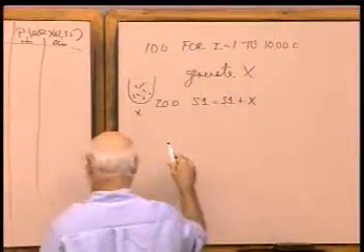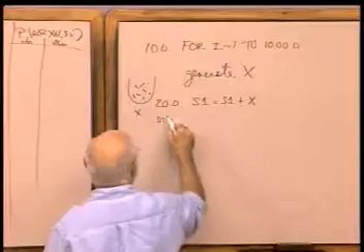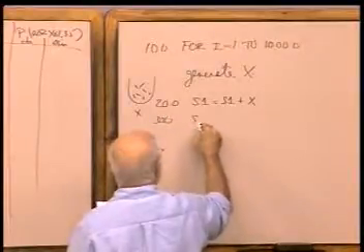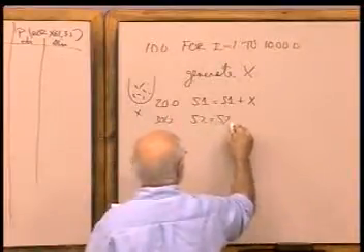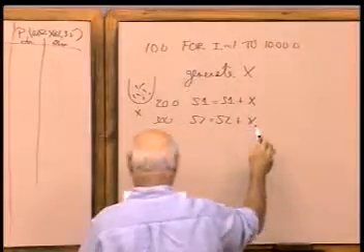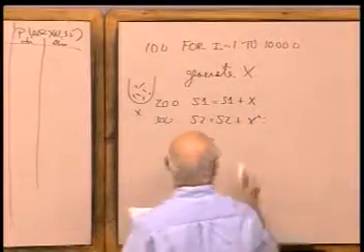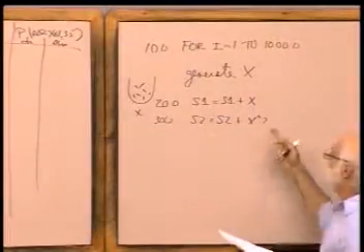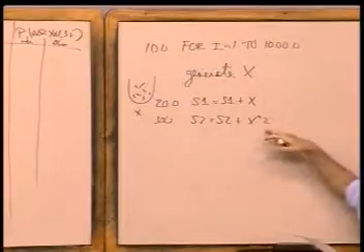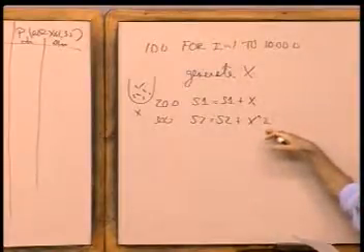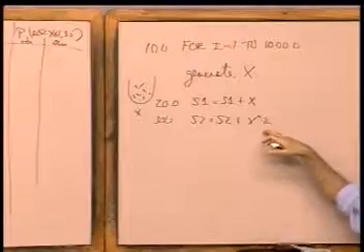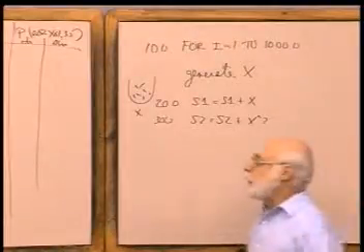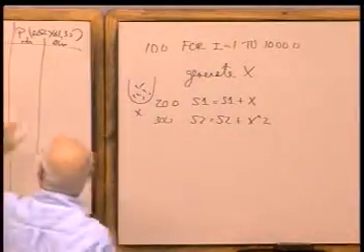Then the next statement is 300, and it asks you to calculate S2, which by definition is the sum of the squares of the X's. So every time I get an X, I accumulate its value, I square it and accumulate that value. At the end, I'm going to get the sum of the squares of the X's, and the reason I want to do that is I want to calculate the variance.